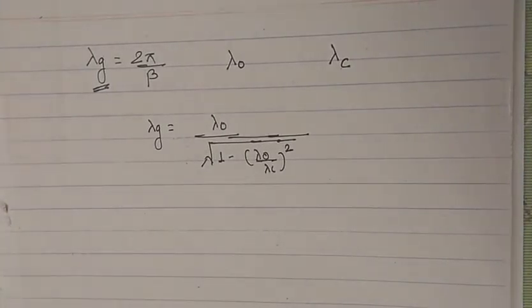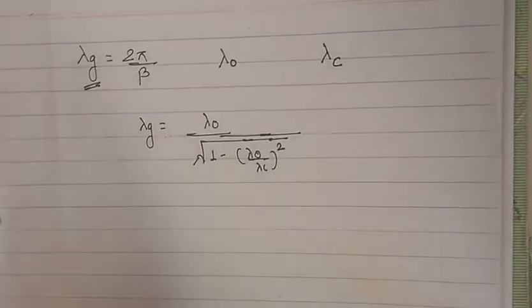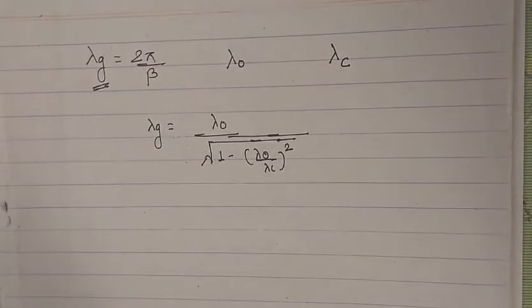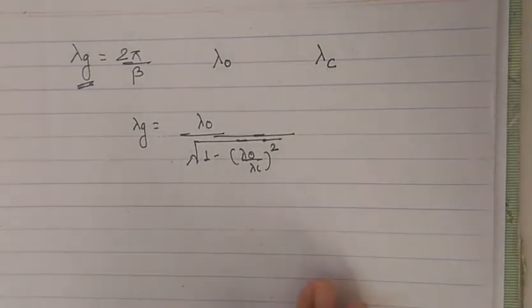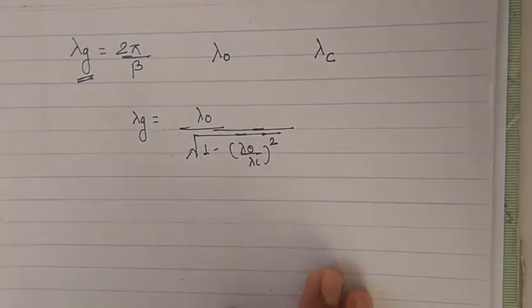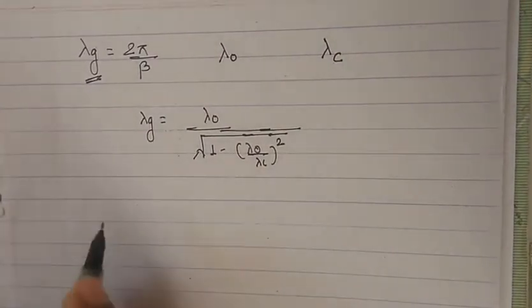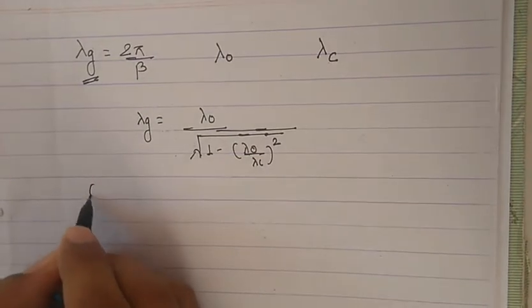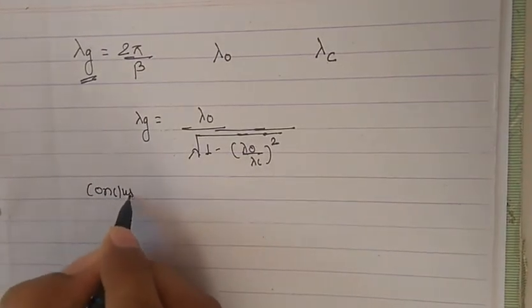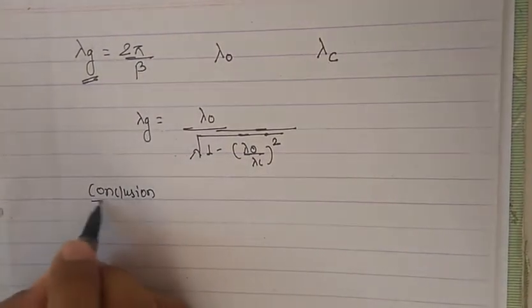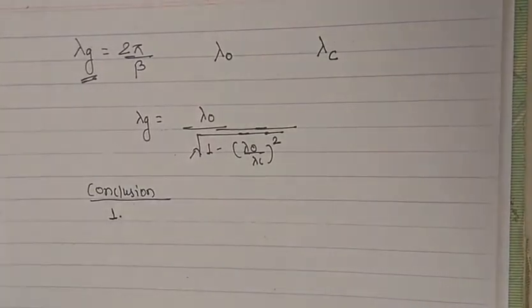This equation will be true for any mode in a waveguide of any cross section, provided your cutoff wavelength lambda c corresponds to the mode and the cross section of the waveguide. So let us conclude something by looking at this expression. When will the wave propagate?